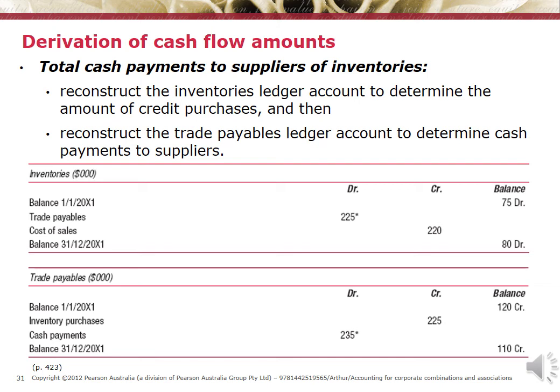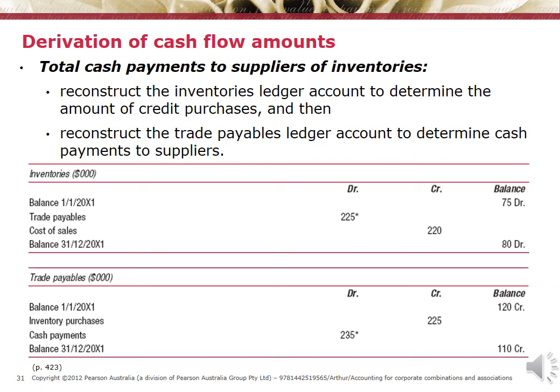With the trade payables also stated on slide 23, we had an opening balance of 120,000, a closing balance of 110,000, and using this purchases figure we calculated 120,000 plus 225,000 minus 110,000 equals the cash payments for inventories of 235,000, and that's what appears on slide 27.